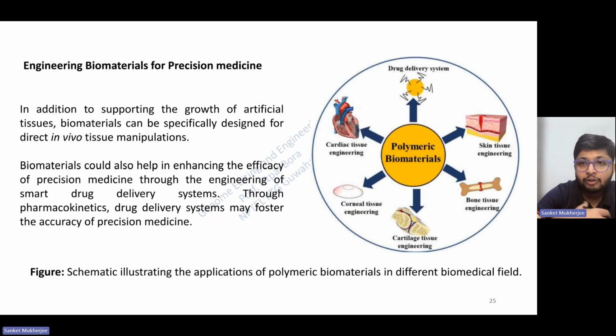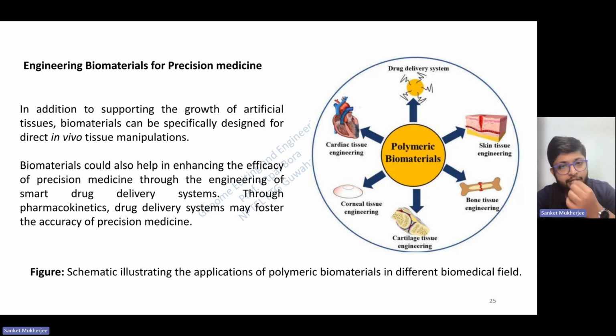Now about engineering the biomaterials, in addition to supporting the growth of artificial tissues, biomaterials can be specifically designed for direct in vivo tissue manipulations as well. Biomaterials could help in enhancing the efficacy of precision medicine through the engineering of smart drug delivery systems. Through pharmacokinetics, the drug delivery systems may foster the accuracy of precision medicine.